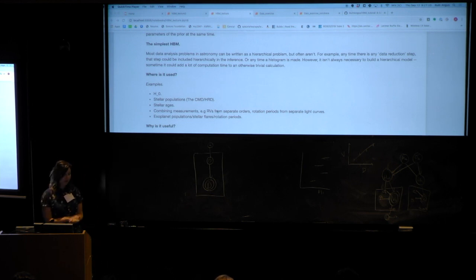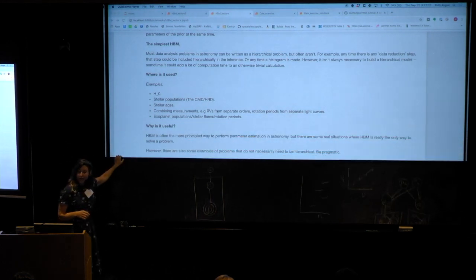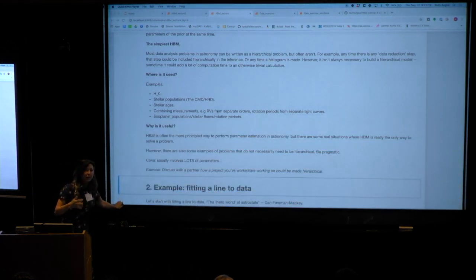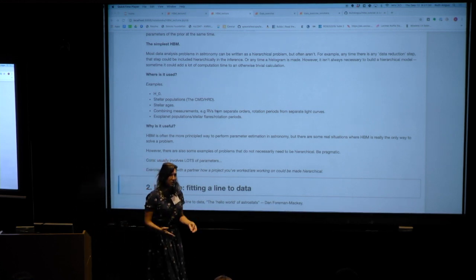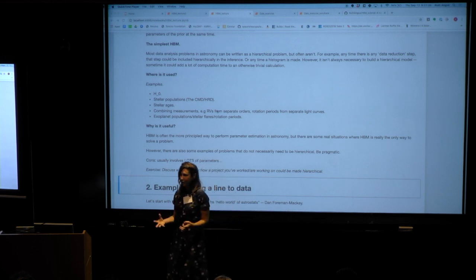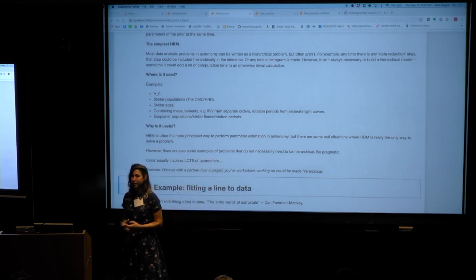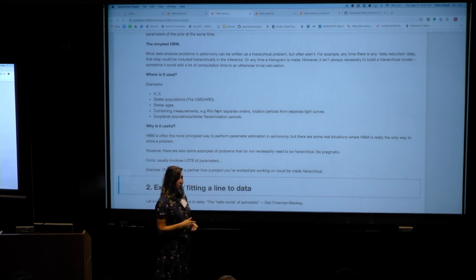And then the other example I have is, these are kind of restatements of the same problems. Every time, we're inferring the parameters of the prior, but these are different examples in the literature that you might come across. So exoplanet populations or stellar flares is another example.